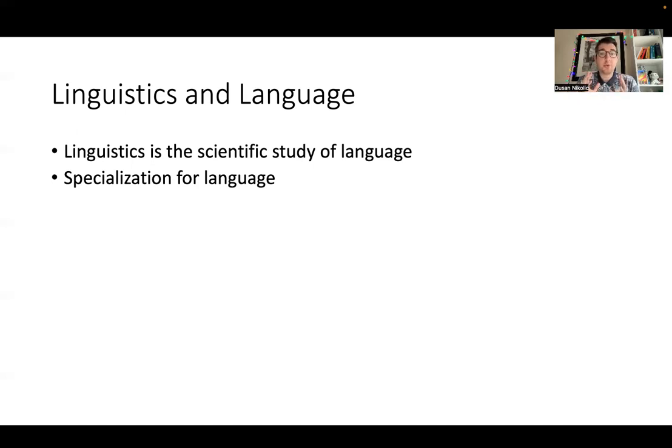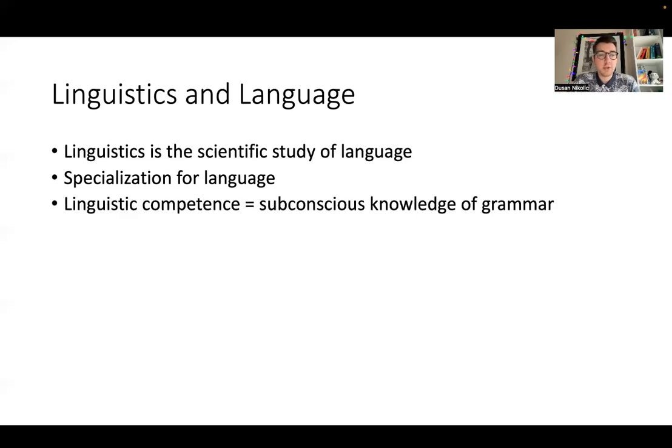We have all the speech organs necessary for producing language, such as lips, teeth, tongue, nostrils, even lungs, and so on and so forth, and of course vocal folds. So all of these are our human features that allow us to produce language. And we have this specialization for language.